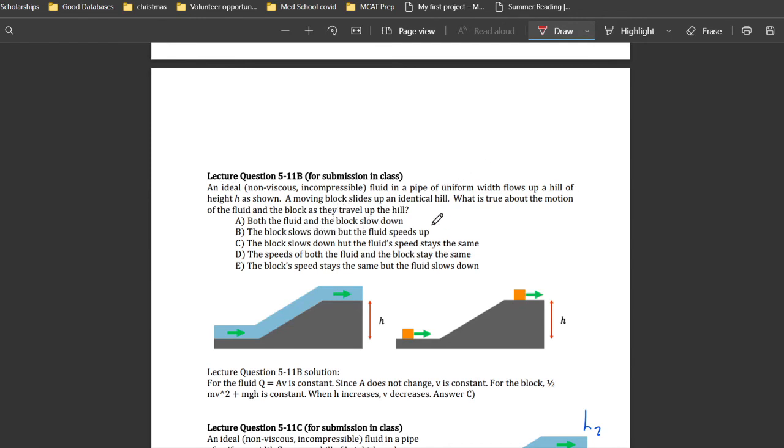Okay, so as we've been stating throughout this lecture, for the flow of a liquid, the flow rate is equal to the cross-sectional area times the velocity.